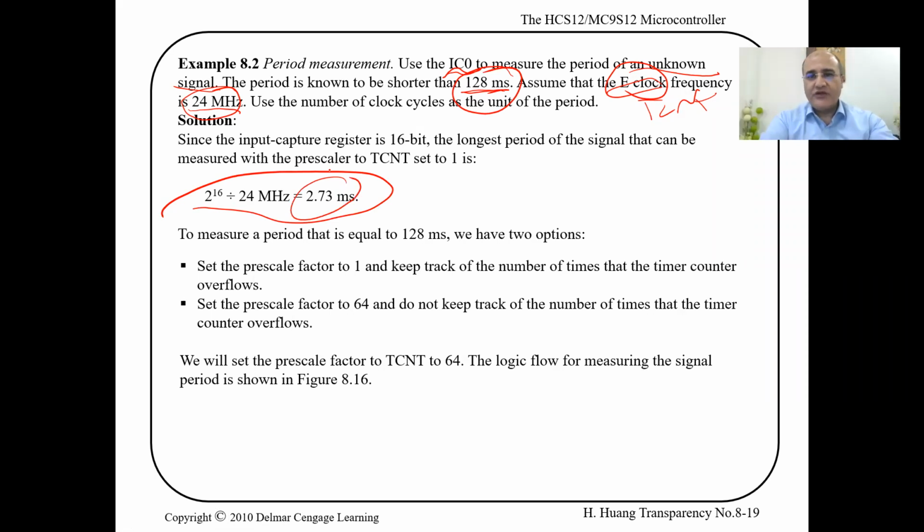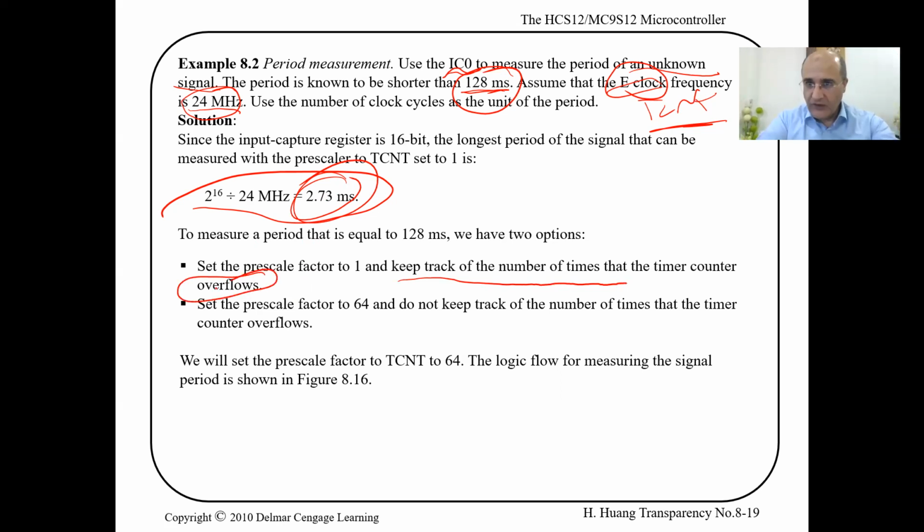So you cannot use the E clock as is to run the TCNT. Either you have option 1: you can keep it running this fast and flip over every 2.73 milliseconds using the 1 prescaler, but you will have to keep track of how many times the counter overflows.